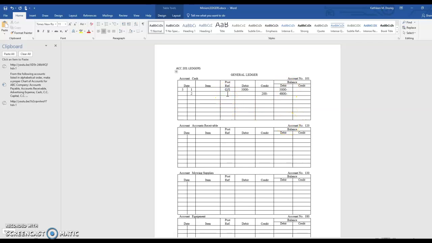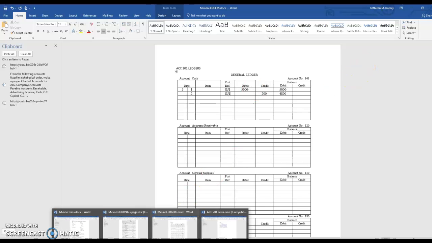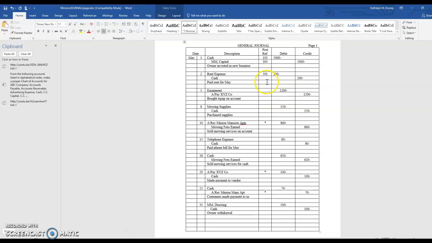Okay, where did this come from? GJ1. And that was account 101. We go down to equipment. We have equipment is a debit for $1,200 on the 5th.